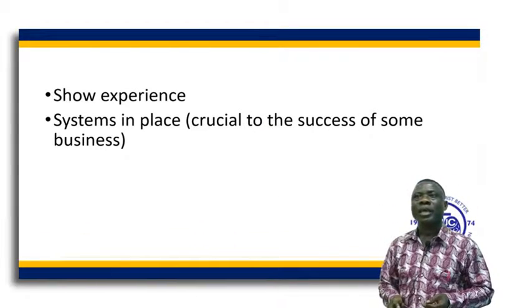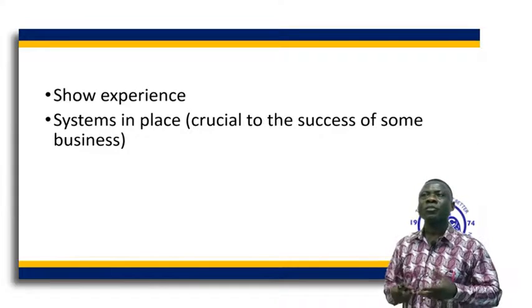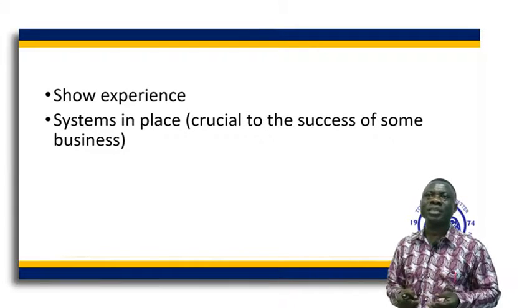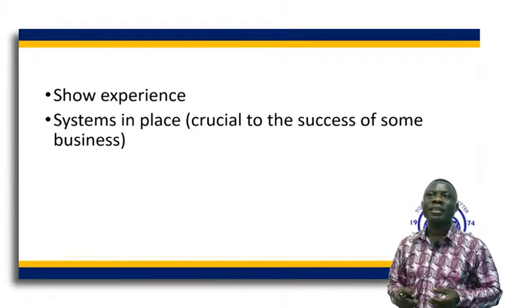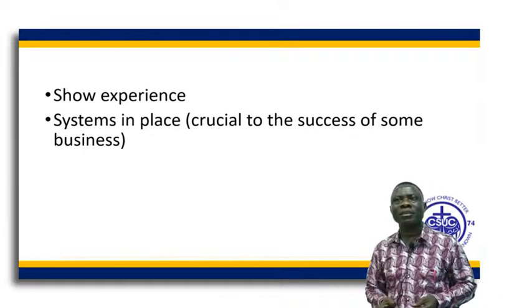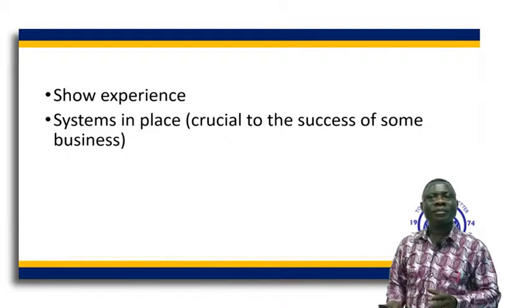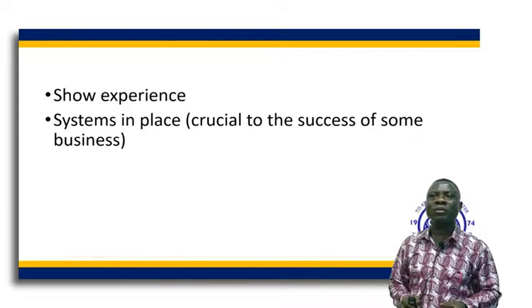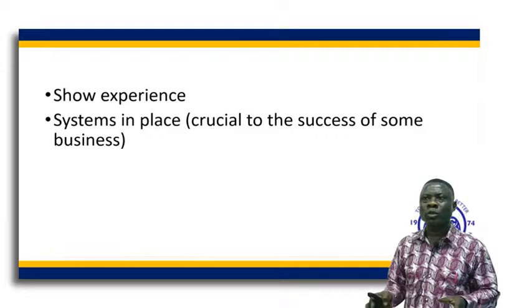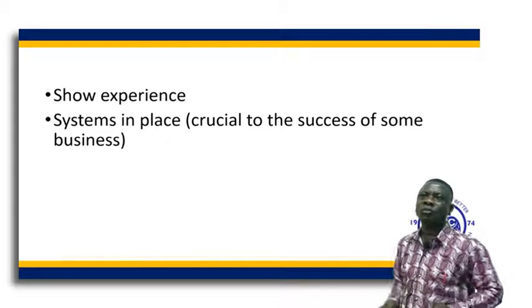Okay. Again, the success of most of these businesses, as I said, depends on systems you put in place. Systems here, talking about not only controls, but the process that it should go through.